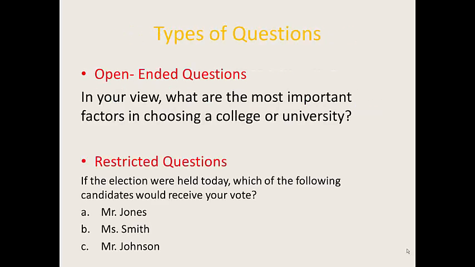The types of questions that are used in surveys could be categorized into two categories: open-ended and restricted questions. Open-ended are like essay type questions, where you ask a general question and then participants answer your question the way they want to.